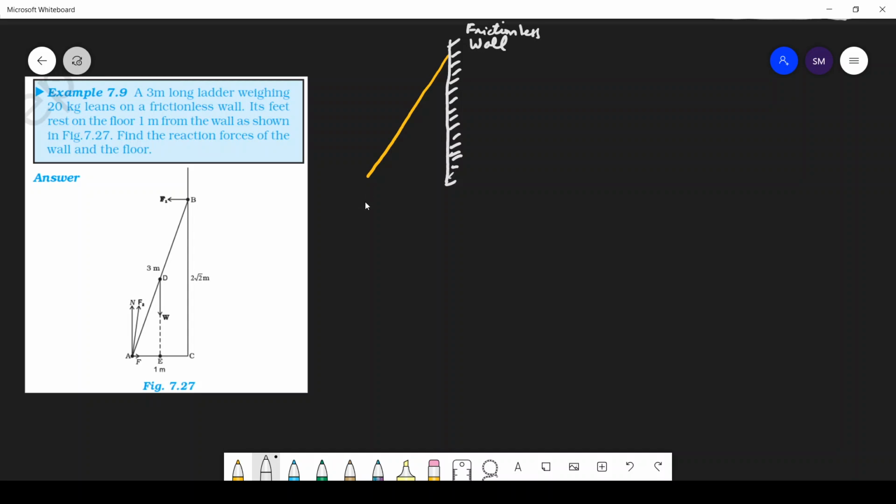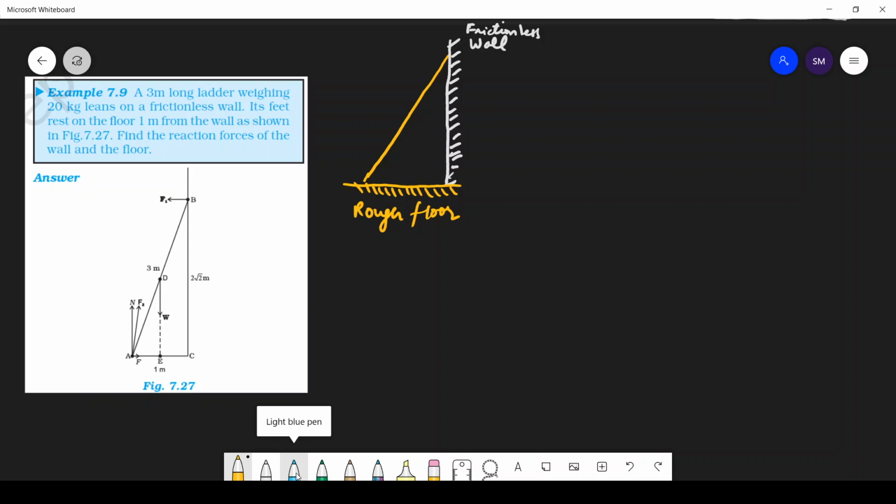And then you have this floor, and this is a rough floor. So we have a frictionless surface and we have a rough surface. What is the meaning of these two?